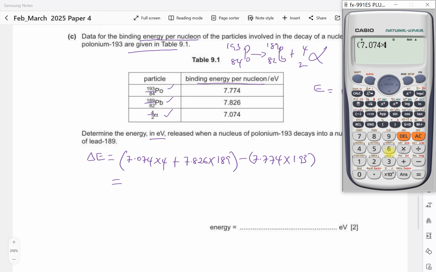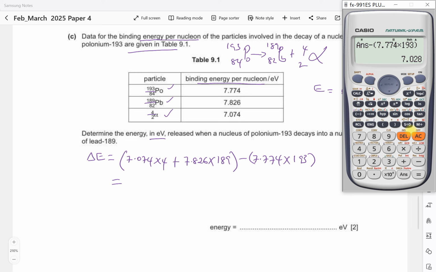7.074 times 4 plus, sorry, I have to open this bracket again, 7.826 times 189 minus 7.774 times 193.